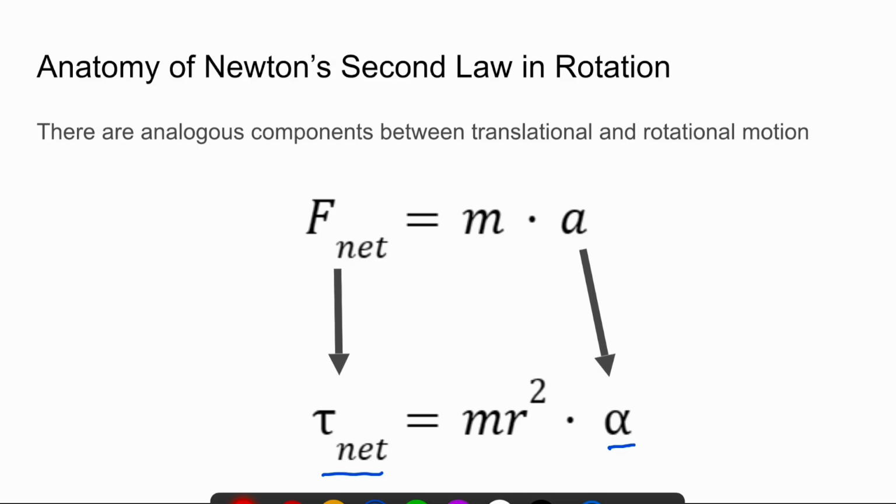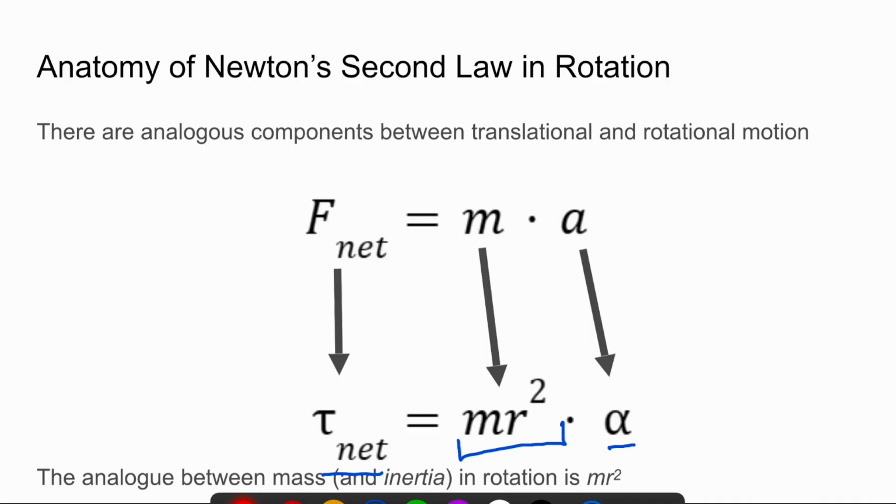So that means that our mass, our translational inertia from Newton's second law, is equivalent to this term right here, mass times r squared. We're going to explore that today because this is what we call our moment of inertia. That analog between mass, or inertia, in translational motion and rotation is mr squared.